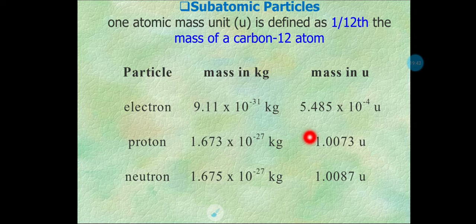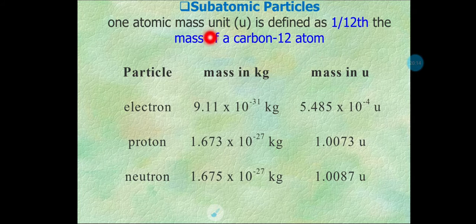This is in mass units: 1.0073, 1.0087 atomic mass units, and this one is 5.485 into 10 raised to minus 4 units. So how do we calculate this mass unit? One atomic mass unit is defined as 1/12 of the mass of a carbon 12 atom, the carbon 12 isotope.